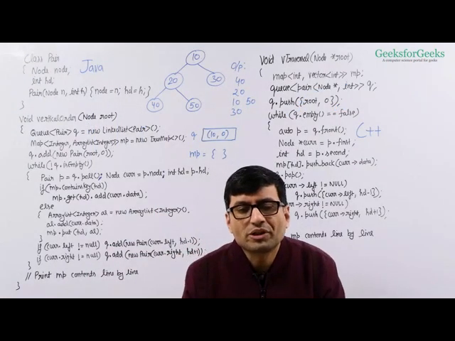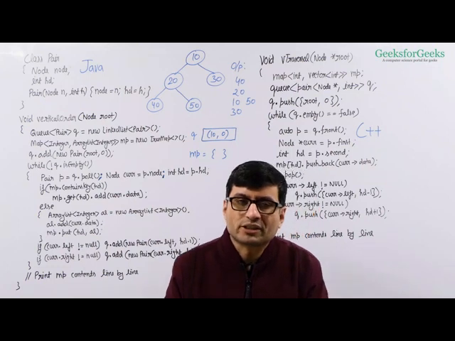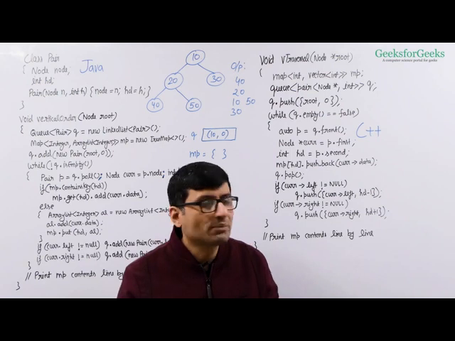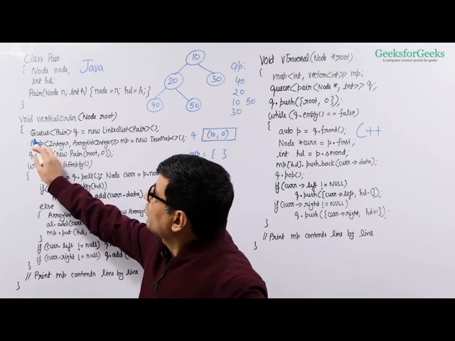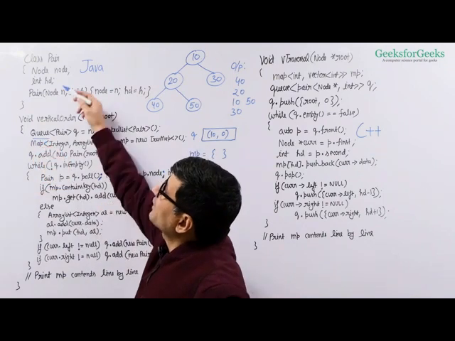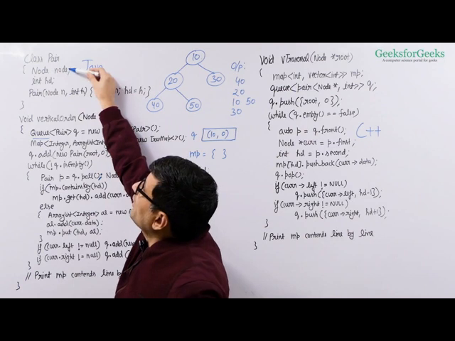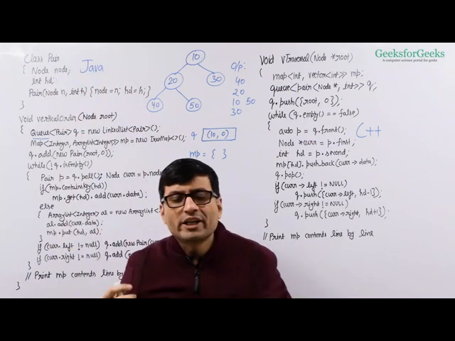Let us now talk about the implementation of the efficient approach. We're maintaining two data structures in this implementation. One is a queue and one is a map in C++ and a TreeMap in Java. The queue is a queue of pairs where every pair has two things: a node, which is a reference in Java and a pointer in C++, and a horizontal distance. The idea is this.